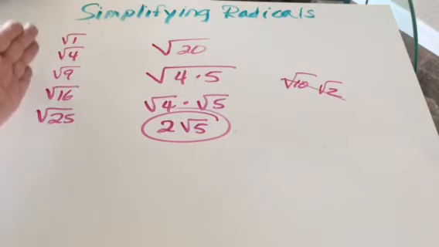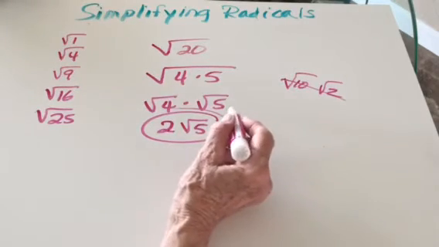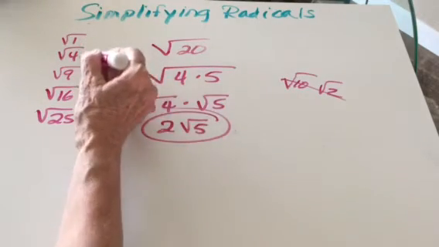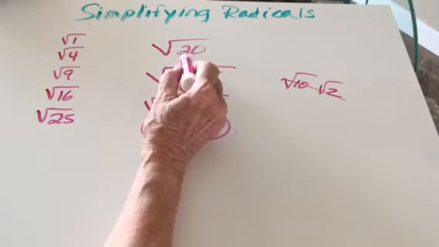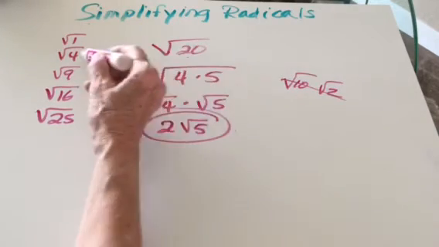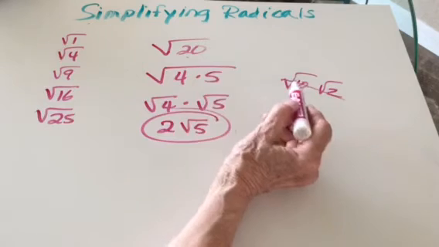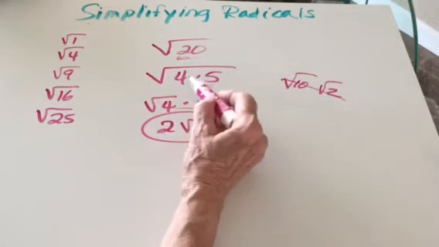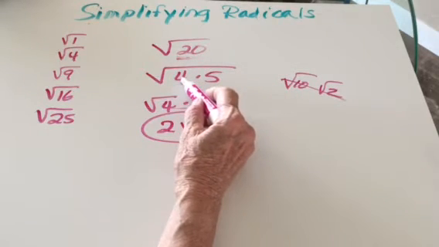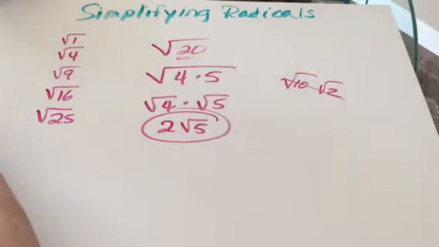These are called perfect squares. Make a list of them, put them in your notebook. Now, you're going to say to yourself, is there any of these numbers here that I can choose to make one of these things times something else will equal this? And so I chose 4. 4 times 5 is 20.